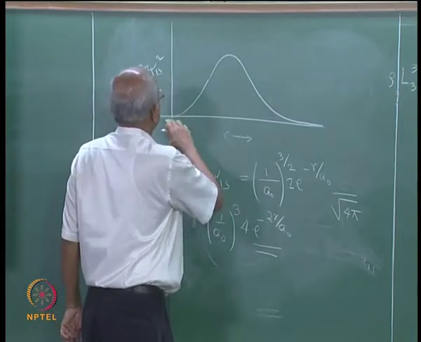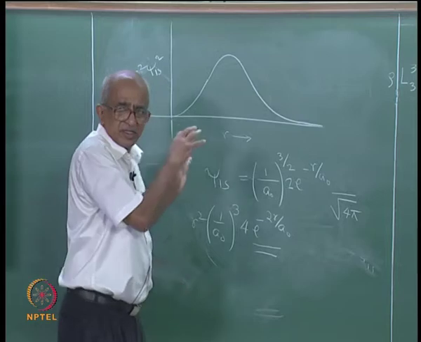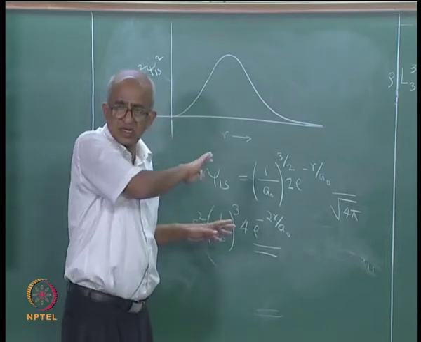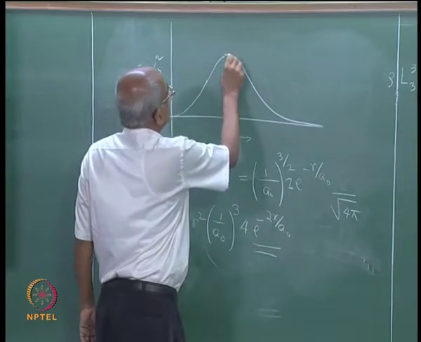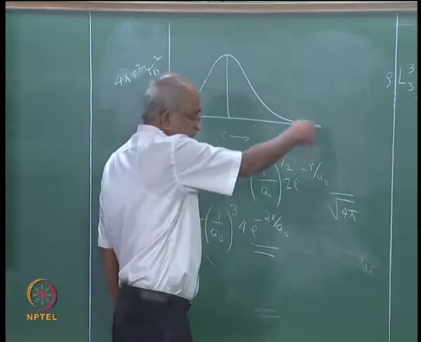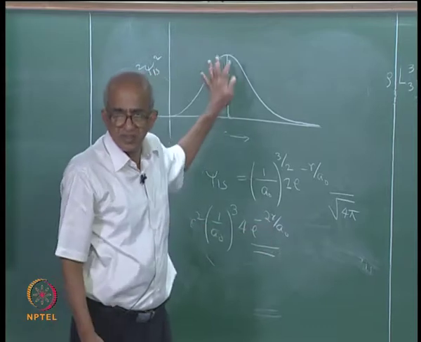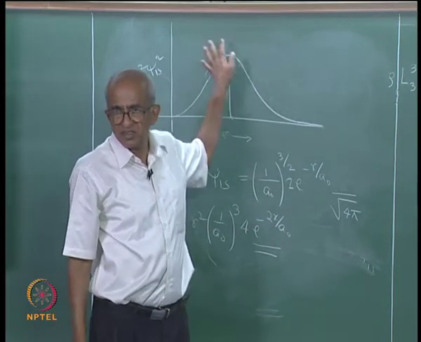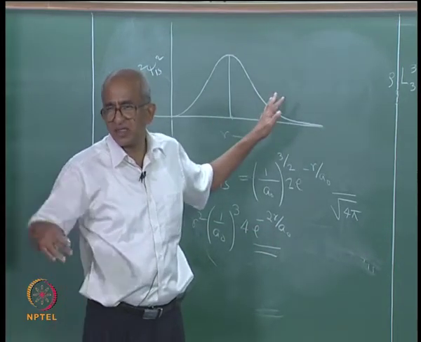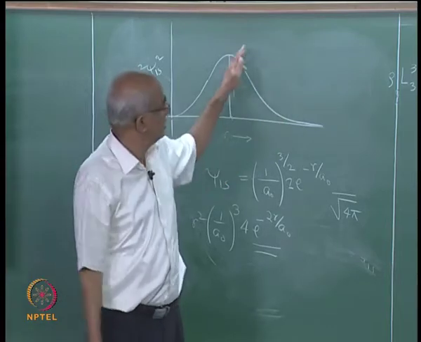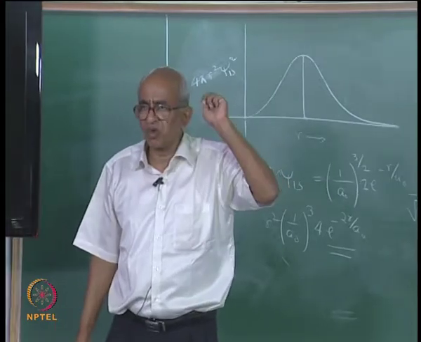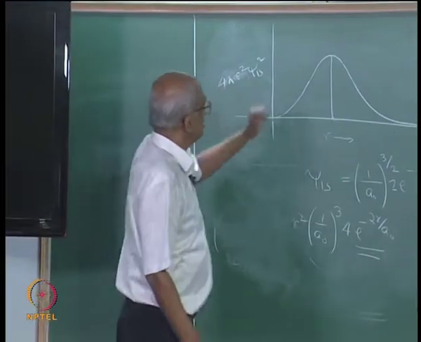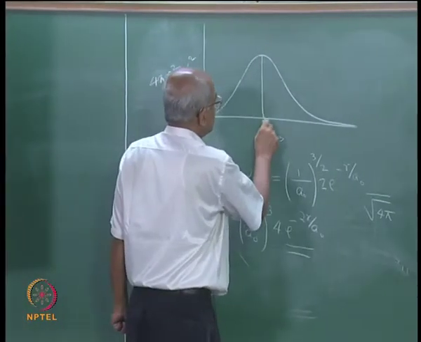You find that near the nucleus it has a value which is very small, but as you go away from the nucleus the value increases, it reaches a maximum, but then of course the wave function has to decrease. So, eventually the probability density that the distance of the electron is equal to r decreases, it becomes 0 at infinite distance.